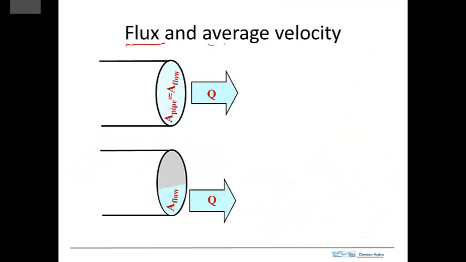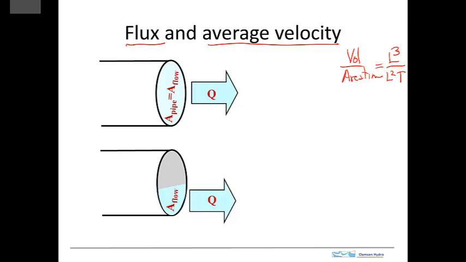Here are two related terms, flux and average velocity. If we have a volumetric flux, volume per area per time, well, we can write that in terms of basic units. A volume would be a length cubed, an area is a length squared, per time.